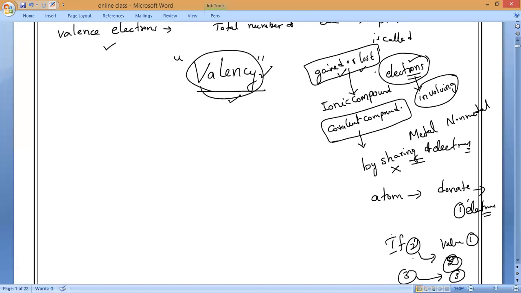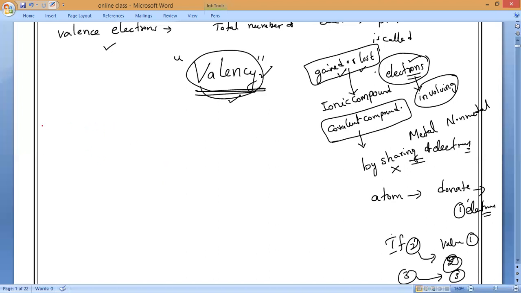Like that, their maximum capacity to donate, lose, gain or share the electrons is called valency. When we write the valencies, you will understand.